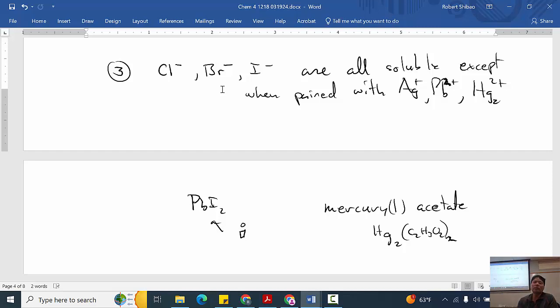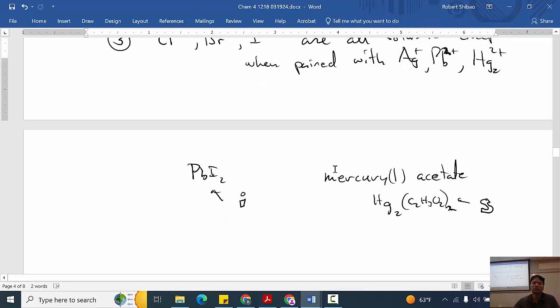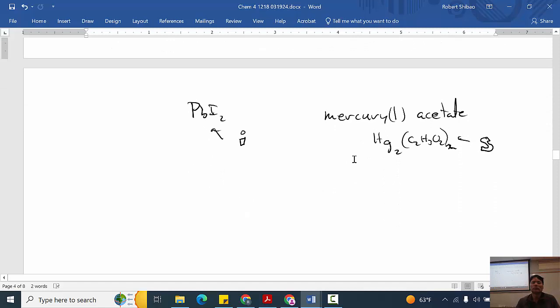This one doesn't fall in the chloride, bromine, and iodide, but it does fall in the acetate. And so this would be nitrates, acetates, and chlorates are all soluble. So we'd say soluble here. How about iron 3 chloride? What's the formula for iron 3 chloride?